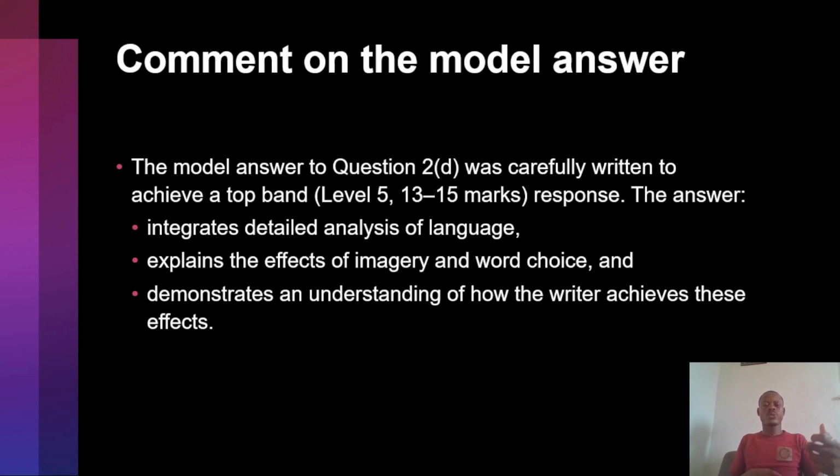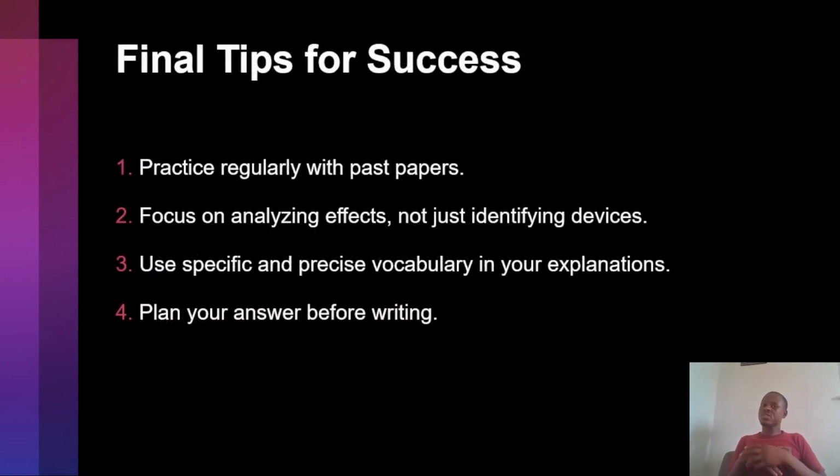Now, first of all, the answer integrates detailed analysis of language. Secondly, it explains the effect of imagery and word choice. And thirdly, it demonstrates an understanding of how the writer achieves these effects. And this is about what you were asked to do. Do you understand? Good. Now, the final tips for success.